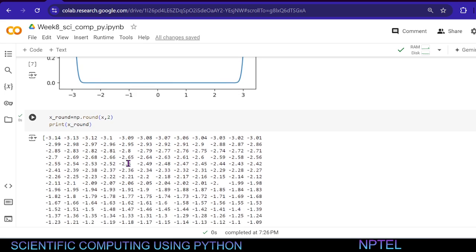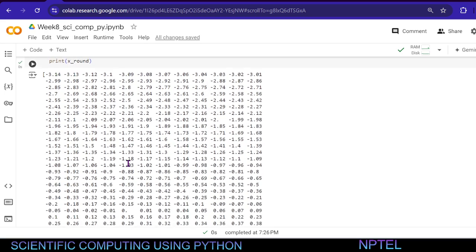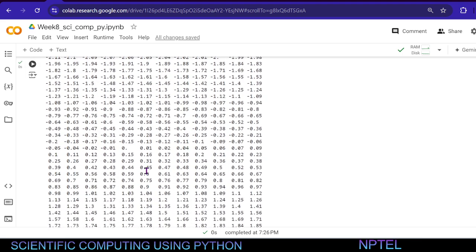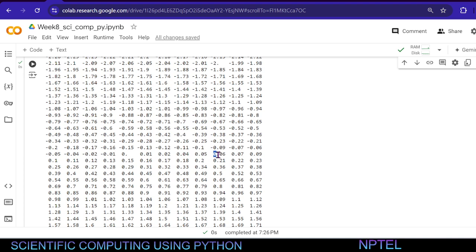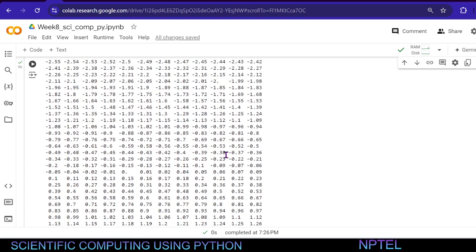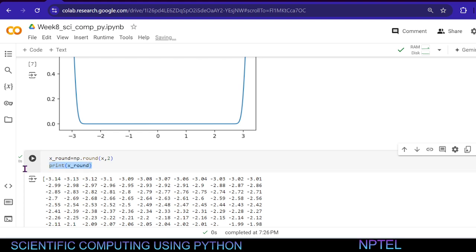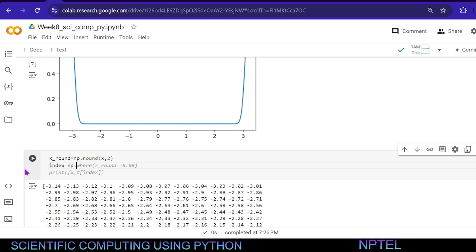Yeah, so you have just 2 decimal places, and in this we want to find where 0.06 is. Not manually like I'm doing right now, but as you can see there is only one, right? We want to find the index of this, and that is done using where. So let's call it index, and you basically ask np.where(x_round == 0.06), and let's print index to see what it is.